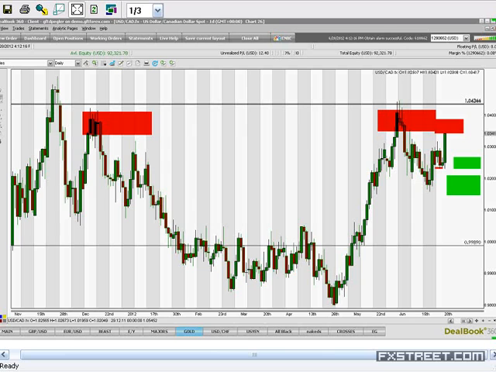Pouring into yield. Where do you find yield? By leveraging it against the Swissy, and the yens, oil, nat gas, yield.